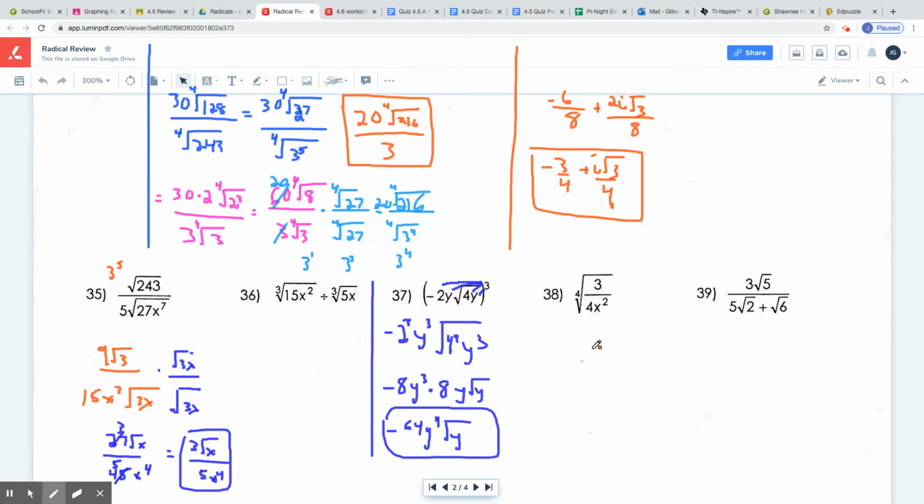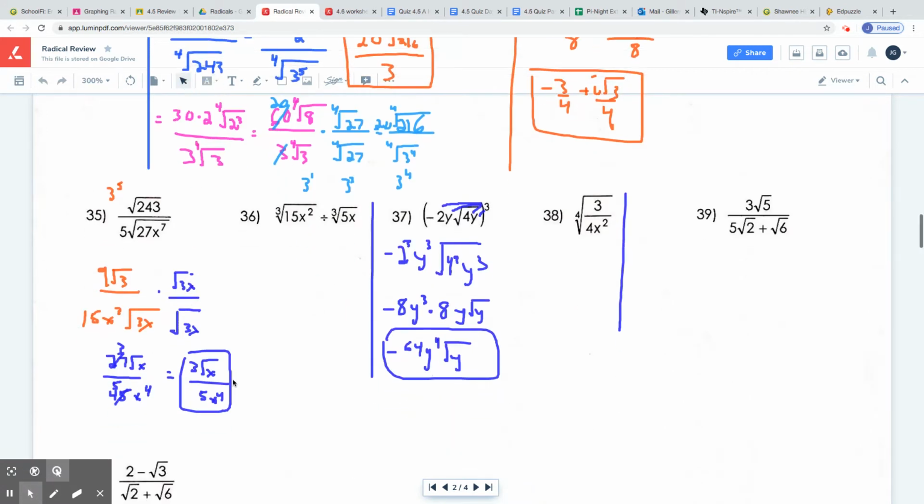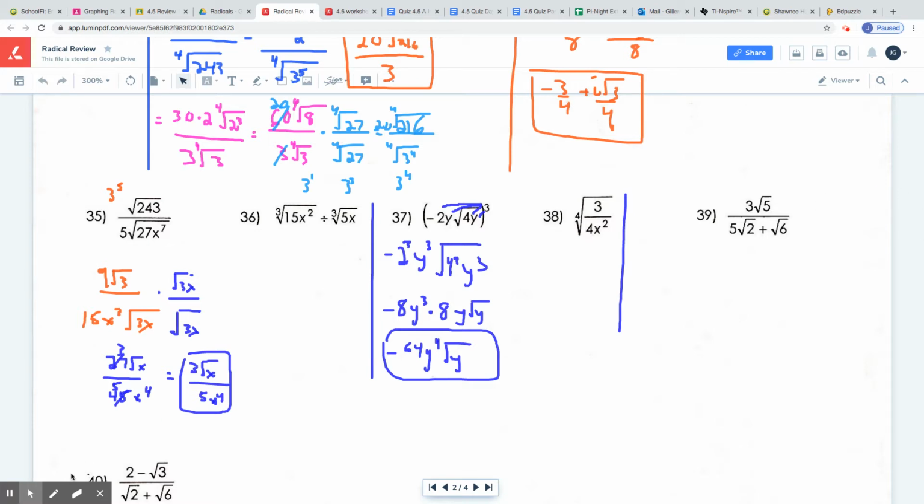All right, last one. So we need to multiply by a conjugate here. So we are multiplying by 5 root 2 minus the square root of 6. 5 root 2, sorry, it's really messy, minus the square root of 6.